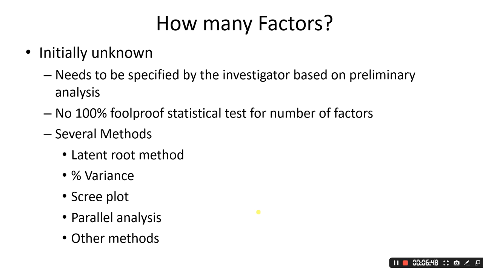Whether 50% variance is okay, 80% is okay, 70% is okay. There is no statistically reliable way to decide a priori the percent variance explained, so it will always be arbitrary. So these two methods are less used because of their limitations.